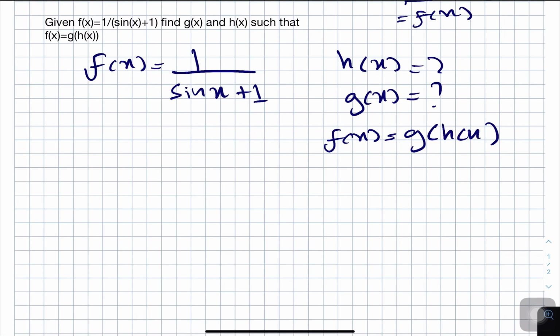Now this looks like a pretty simple one. So we have one function here, which is f of x, 1 over sine x plus 1.